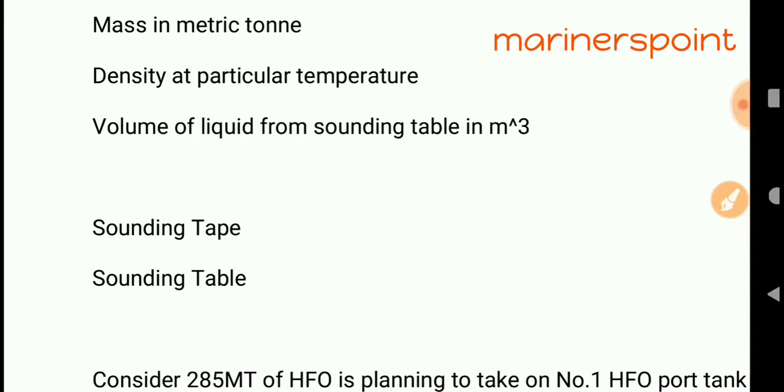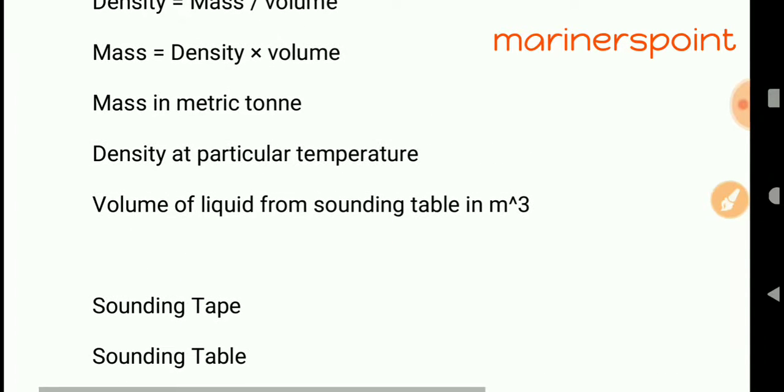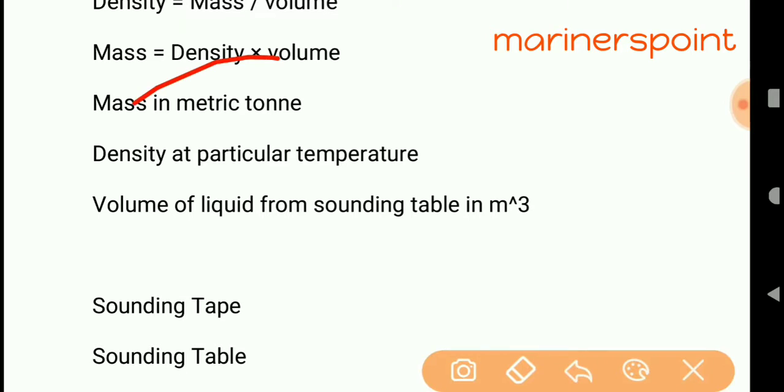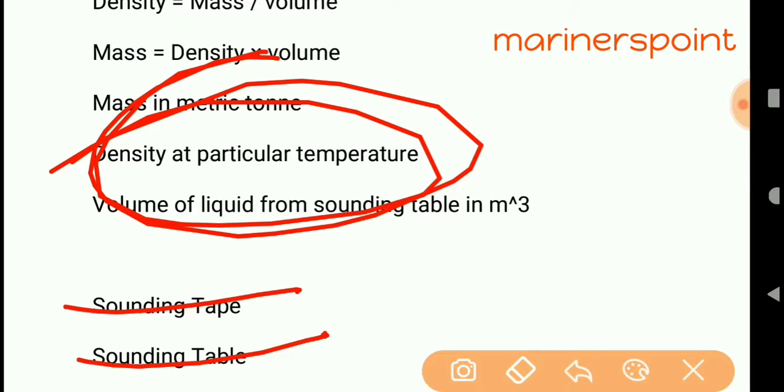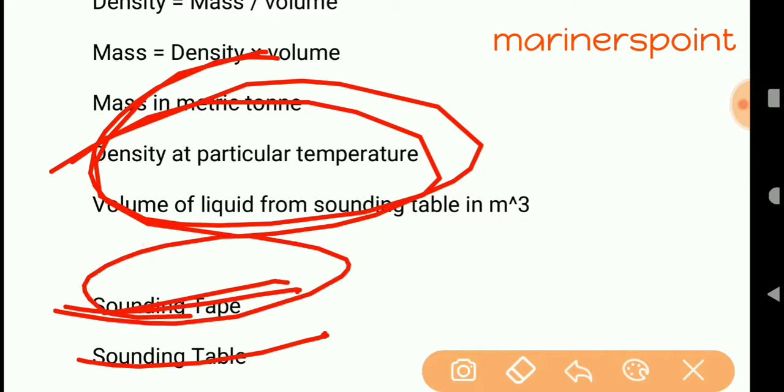Let us see the sounding table first. You understand the basic density formula. You need the sounding tape, then the sounding table. First you take sounding by sounding tape, and after that you need the sounding table.